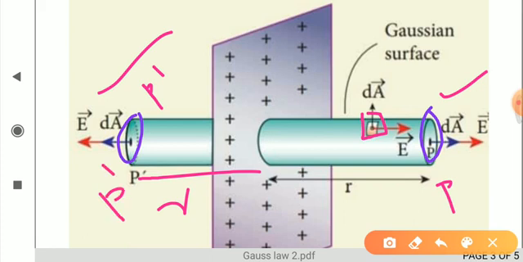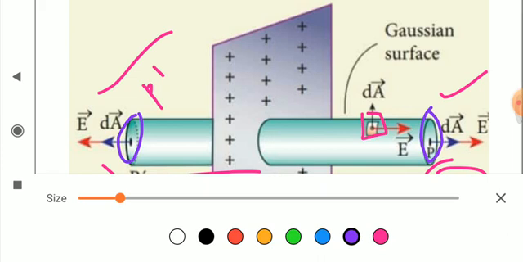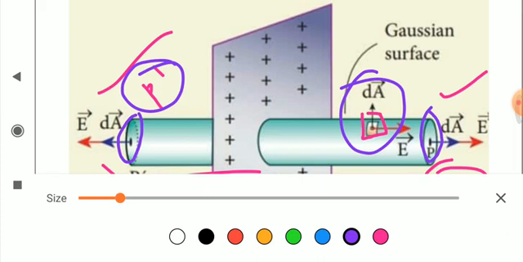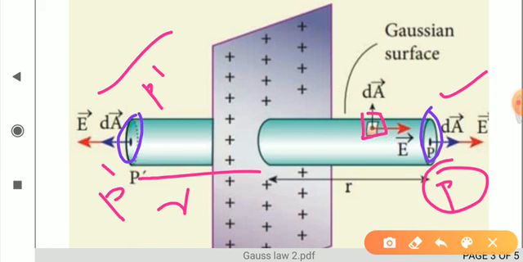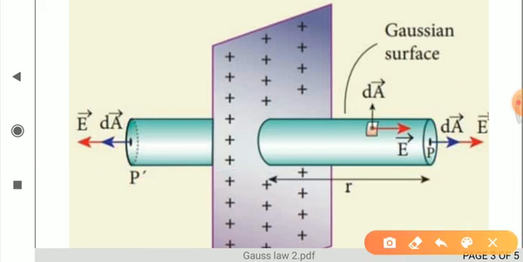Now we are going to calculate the electric flux at the point P and at the point P dash, and also the electric flux at the curved part of this imaginary surface or Gaussian surface.